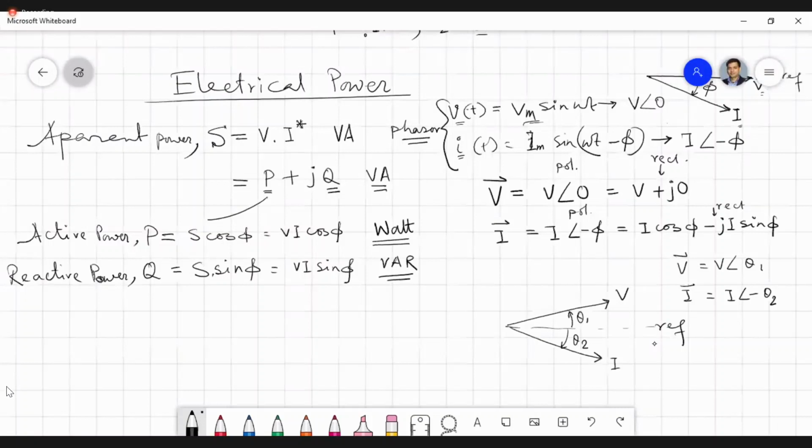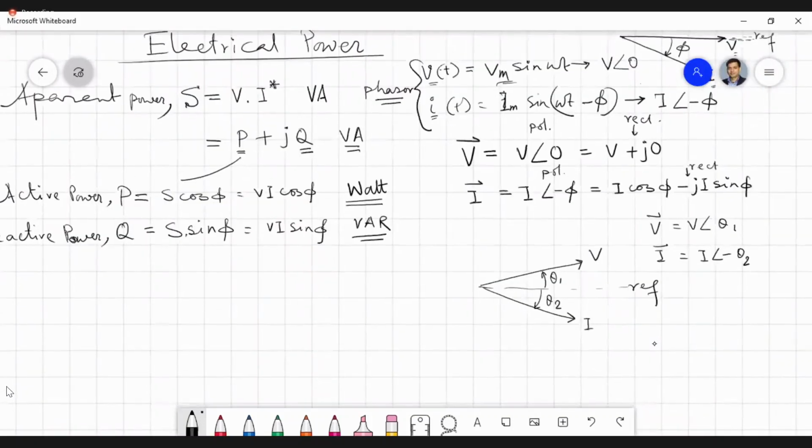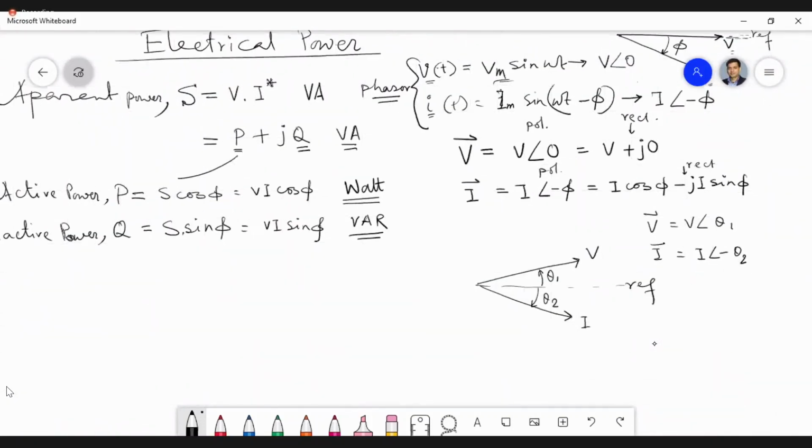Now when you go for this apparent power, which value should you take, and how should you multiply it? V into I? No, then that angle component will be missed. If you are interested in this angle, then you won't get it.